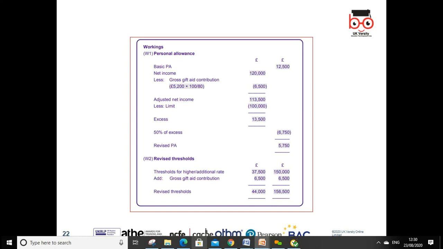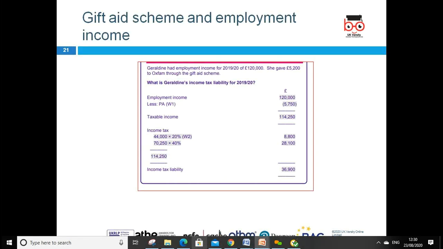So you can reduce your personal allowance by that, from 12,500, and now my personal allowance will be restricted to 5,750 pounds. So the revised threshold now: first will be 37,500, and the gross gift, yes.